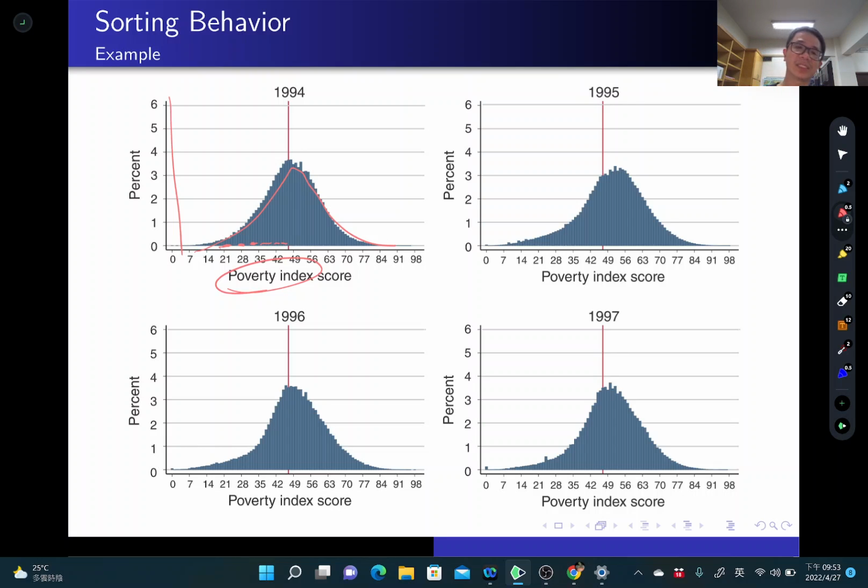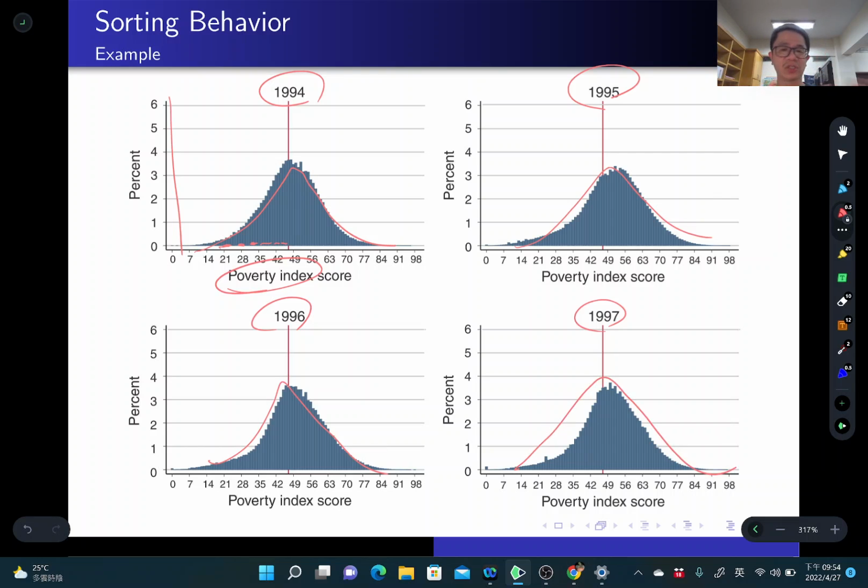Before 1997, in 1994 and 1995, the number of individuals located in each interval of the poverty index is actually quite smooth, and there's nothing special happening around the cutoff. The red line indicates the cutoff.